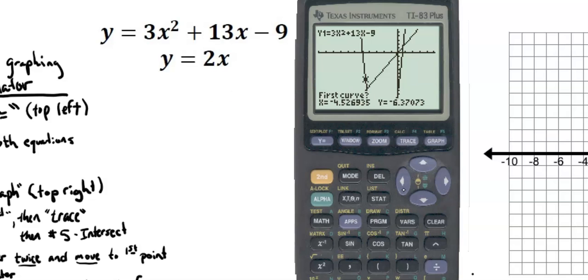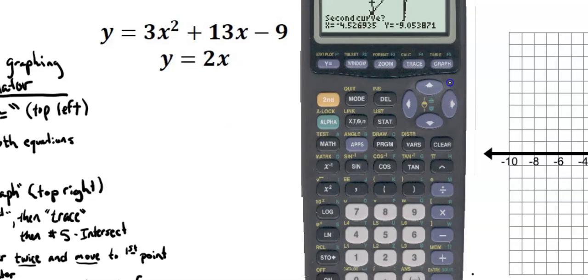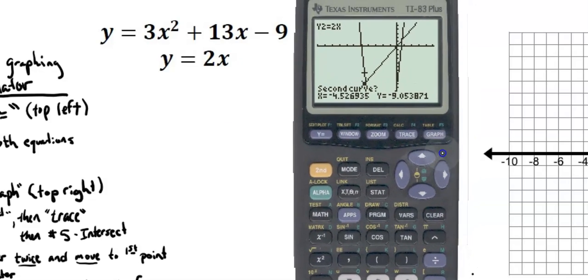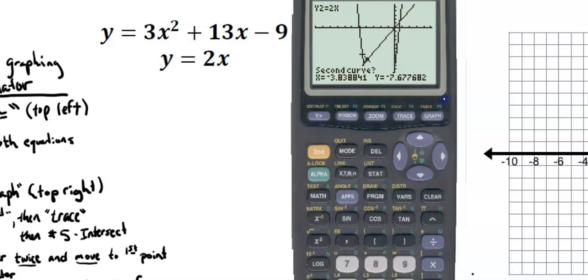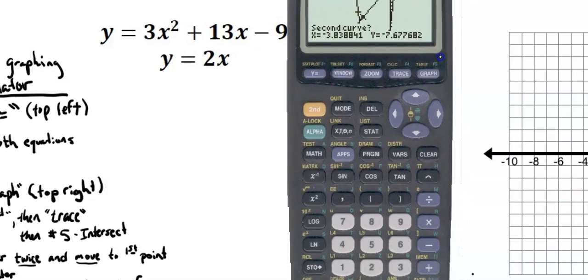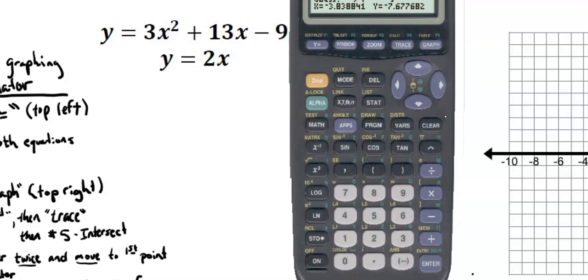So I put it right near the intersection of those two lines. Then the second curve, and it defaults down to y2 equals 2x. And I move it to just the right of that space close to that intersection, and then I hit enter again. It asked me to guess, so I hit enter again.